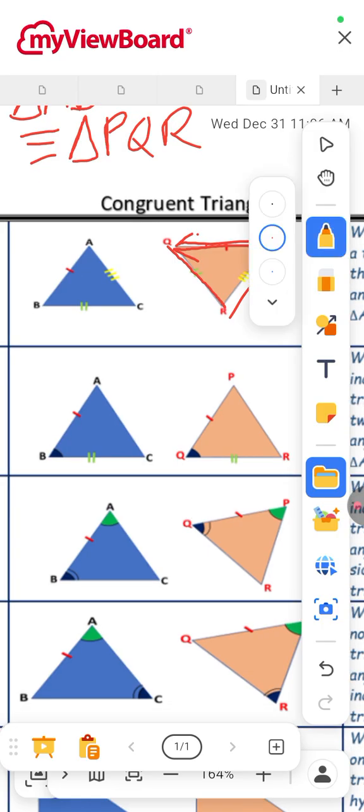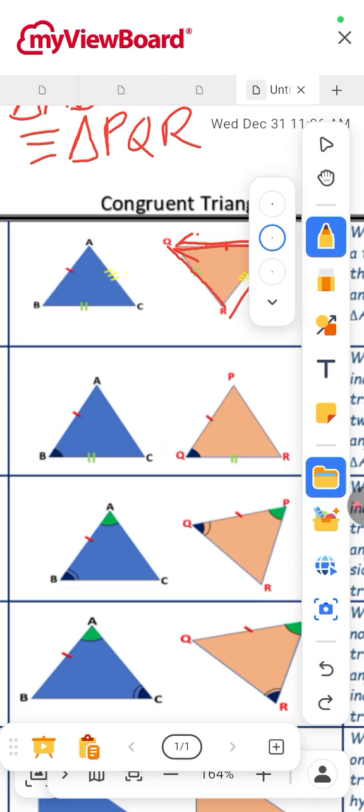If I look at the triangle, the first triangle here, two sides were actually identified with the number of strokes. That's the side AB and the side BC. Side AB stroked once, side BC stroked twice.